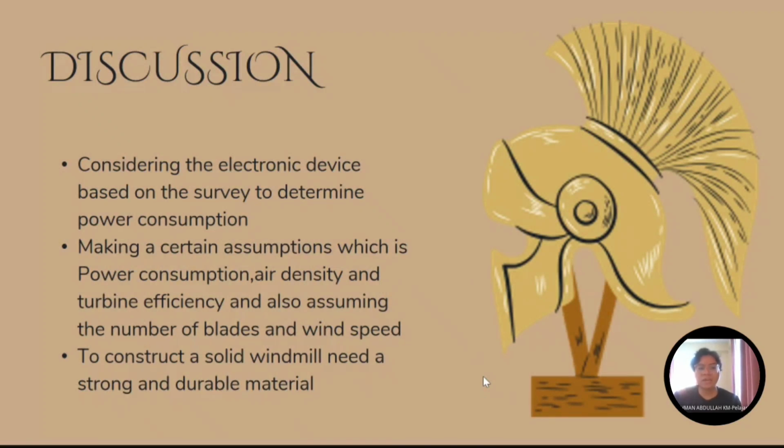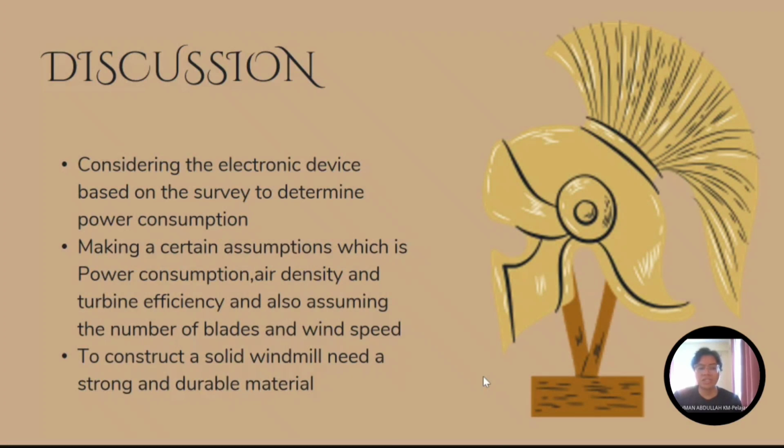The second one is making certain assumptions, which are power consumption, density, and efficiency, and also assuming the number of LED and wind speed. With these assumptions we can create a windmill, for example with the wind speed and the number of LED.